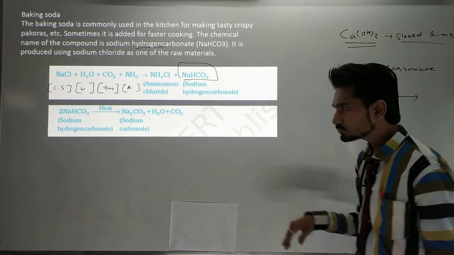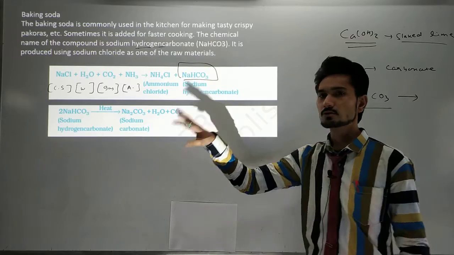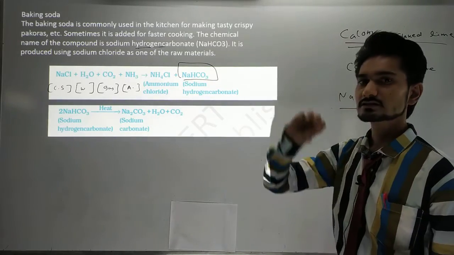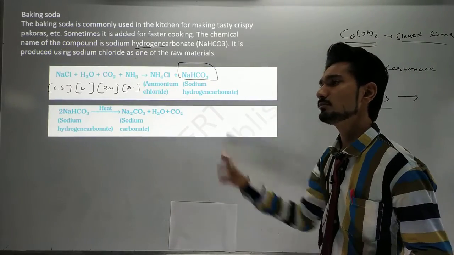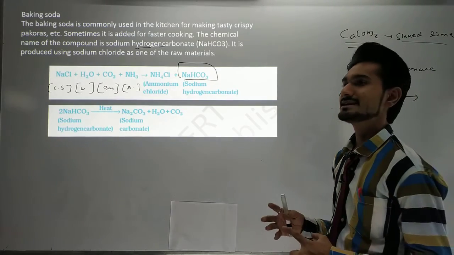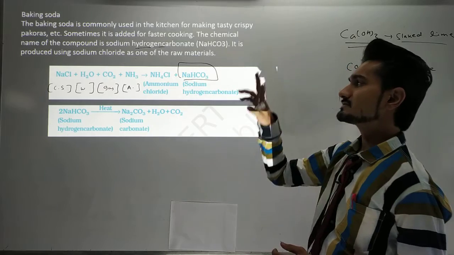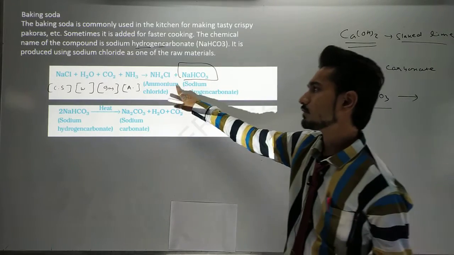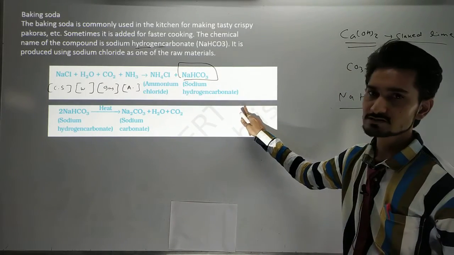So if I do the process of sodium chloride with water, with carbon dioxide gas, and with the ammonia, if I put all these 3 or 4 substances and react with each other, it gives us the 2 byproducts, that will be the ammonium chloride and sodium hydrogen carbonate.